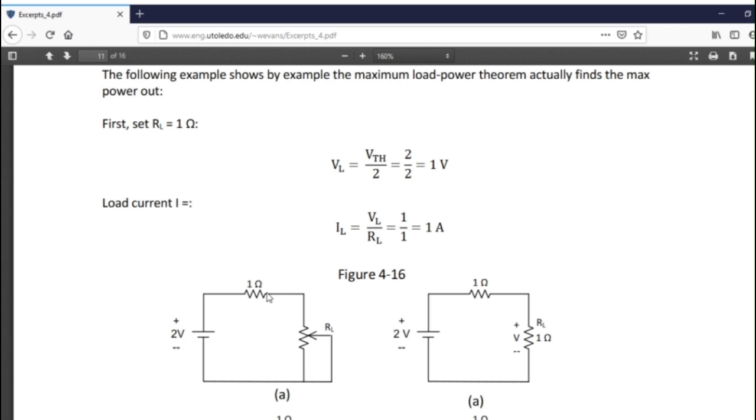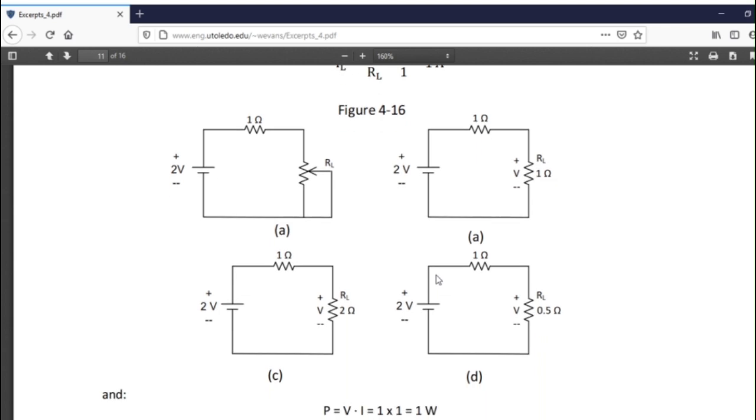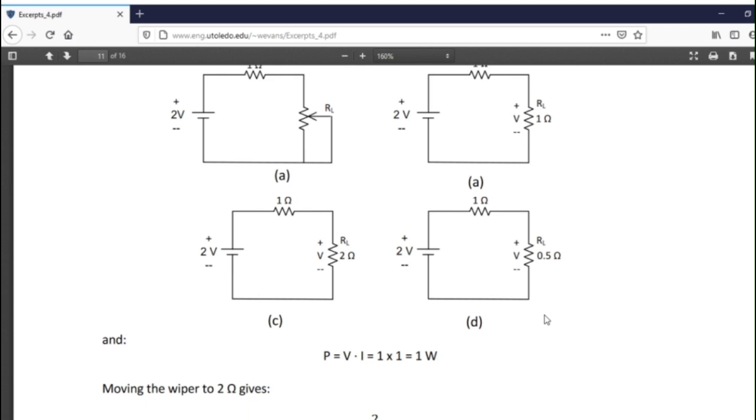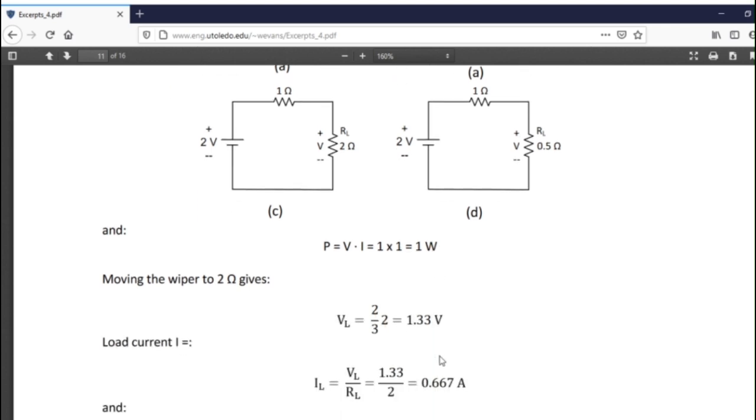If we set it to 1 ohm, we find the current, and we find the power. So we set it to 1 ohm, we set it to 2 ohms, we set it to 0.5 ohm, and we look at each of those cases and ask what the power is. At 1 ohm, we get 1 watt.